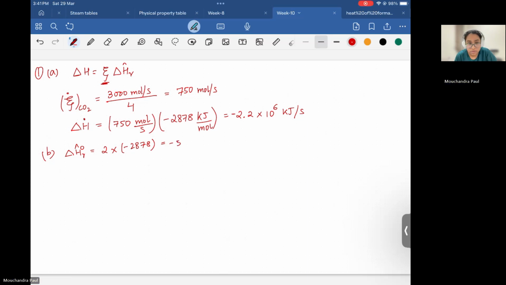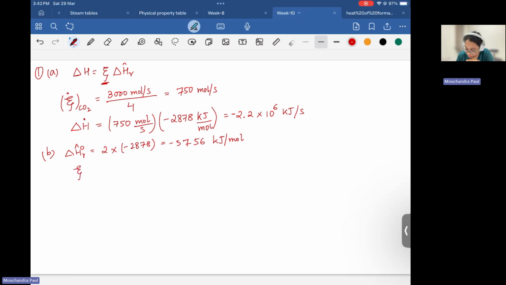This will give you minus 5756 kilojoule per mole. Now using the new standard heat of reaction, we have to calculate the enthalpy change.